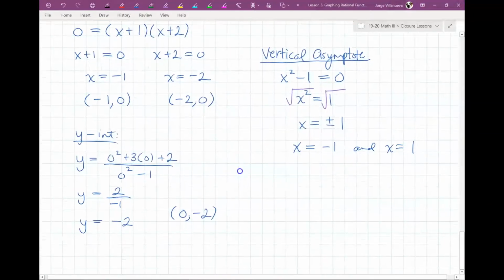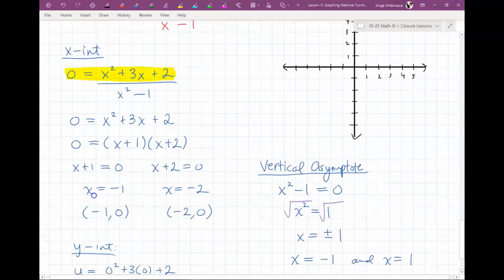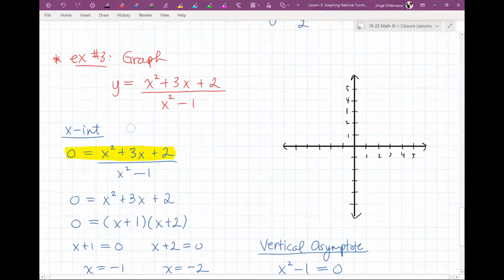All right, and then horizontal. So horizontal asymptote. We're going to look at our original function and see what has the highest degree. If you look at the function here, the highest degrees are tied. They both have the same degree. So therefore 1 over 1.